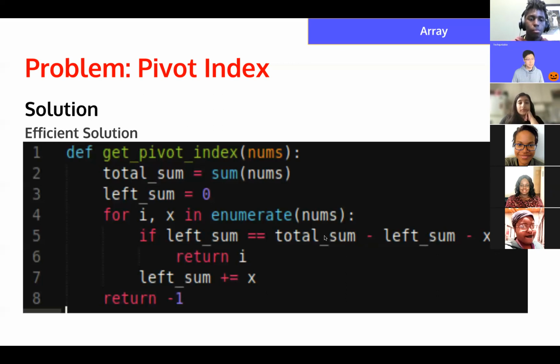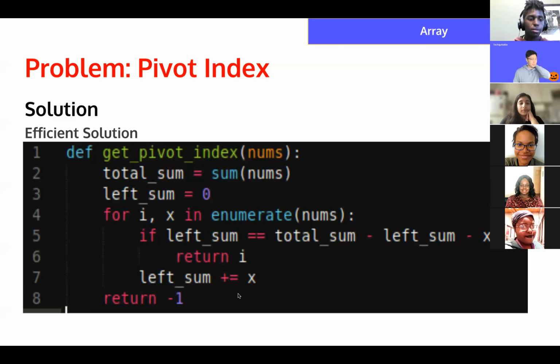When they're equal, that index i is your pivot index, and we can return it. Otherwise, you move on, but before you do, you update the left sum, which is now the previous left sum added with the element x. And if your code can't find a pivot index, it just returns -1.